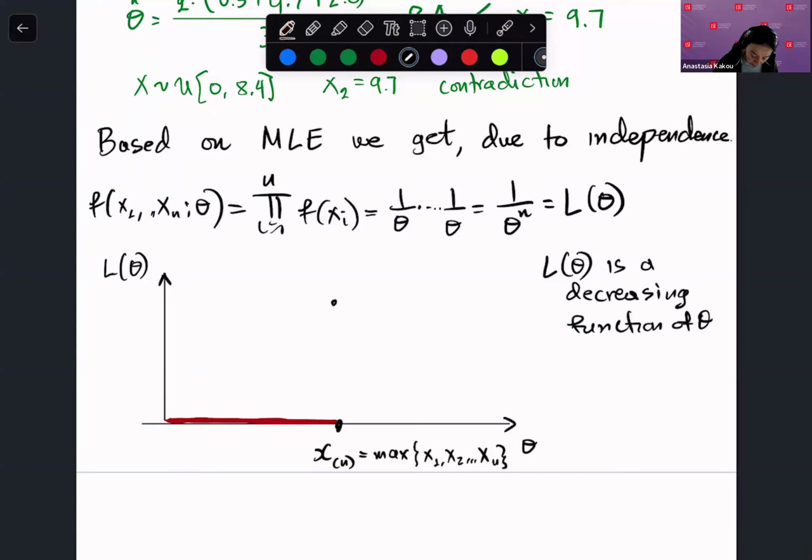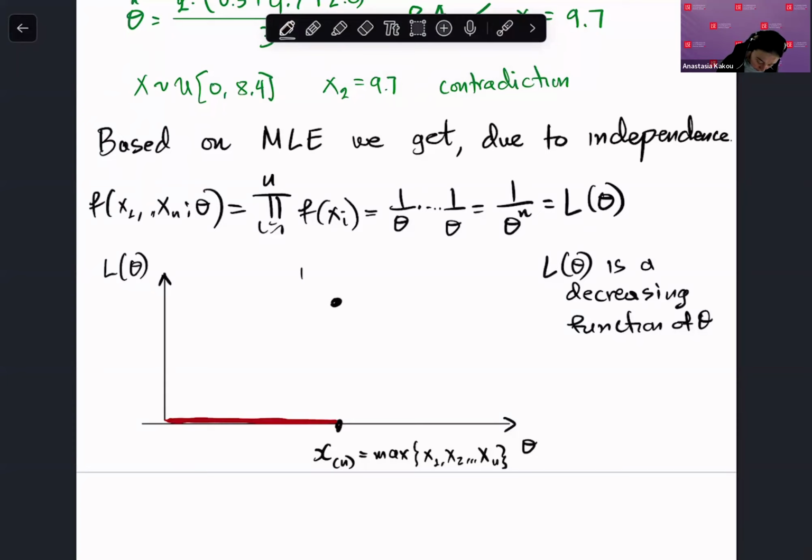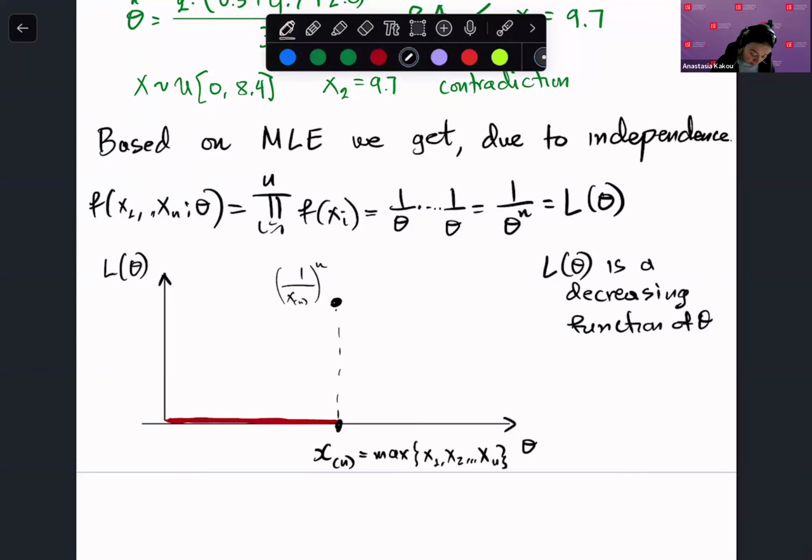Otherwise, that likelihood becomes 1 over x of the maximum to the n at this point, and then it is a decreasing function of theta.